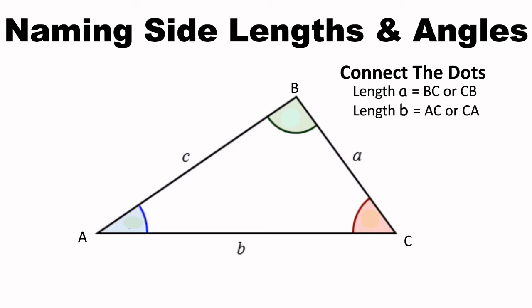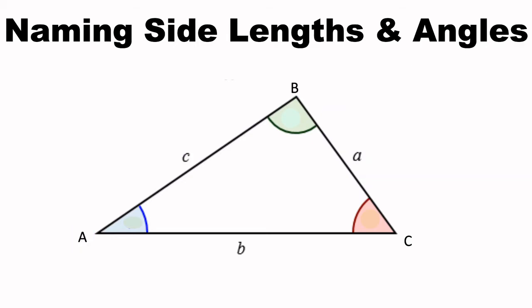Length b, for example, could be called AC or CA, because of course side length b falls between the vertices at A and C. And again, the direction for a length does not matter. Finally, side length c could be called AB or BA because c falls between the vertices at A and B.